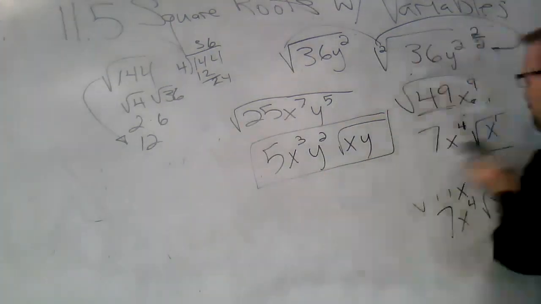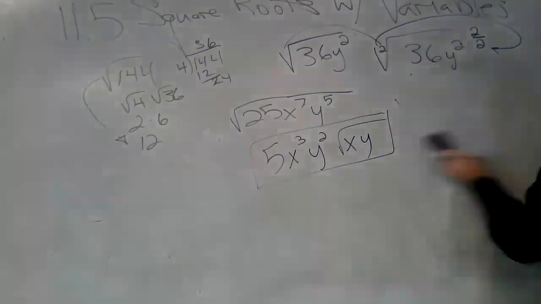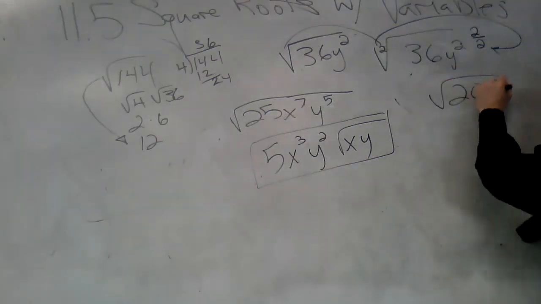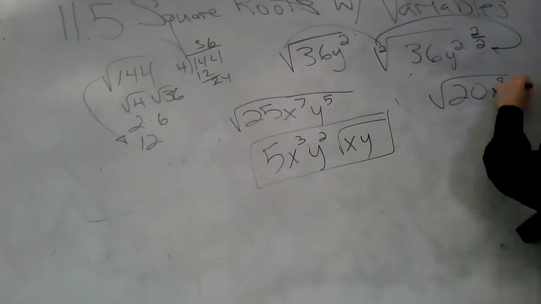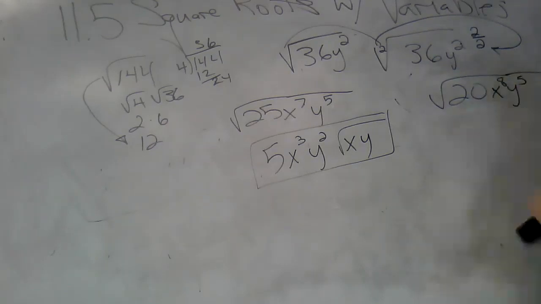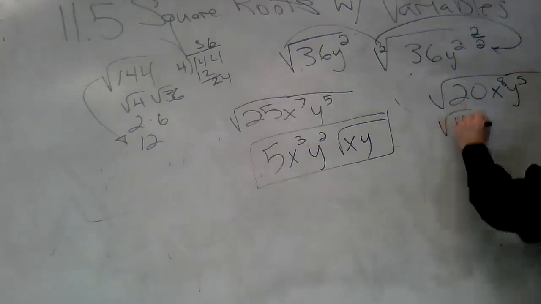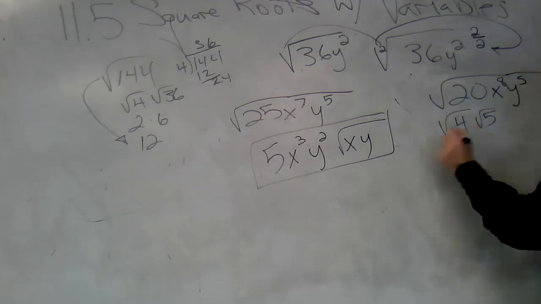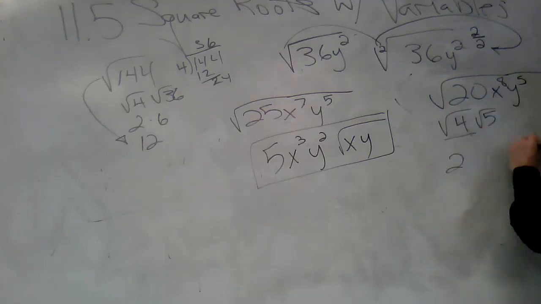What happens when the number isn't a perfect square? We've got a couple different ways we can do that. So 8x to the 8th, y to the 5th. So 20. It's not a perfect square, but we can break it down. 4 times 5. Correct? So square root of 4 is what? 2. 5 is going to be inside.